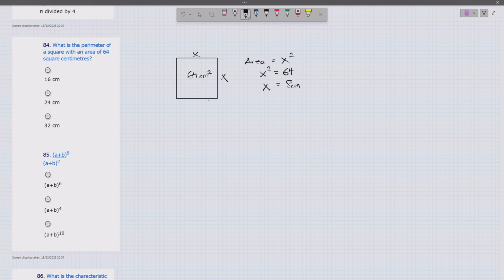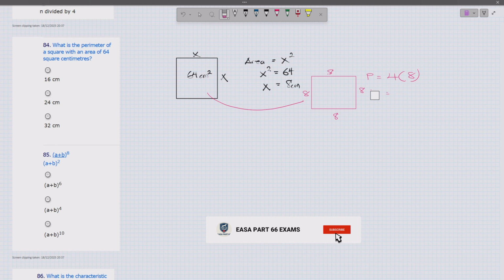So the perimeter will be 8 plus 8 plus 8 plus 8. That will be 4 into 8. Perimeter equals 4 times 8. That will give you 32 centimeters.